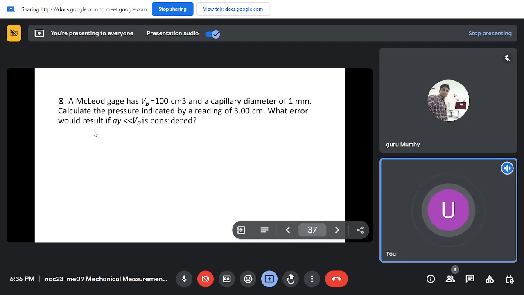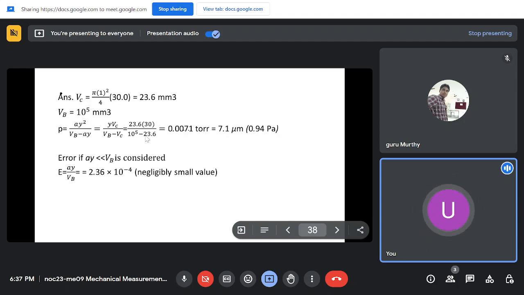What error would result if the capillary volume is considered very small compared to the bulb volume? So we have been given the VB value and the capillary diameter, and the reading is 3 centimeter. What will the error be when the capillary volume is considered very small compared to VB? That's the question, so we'll see.